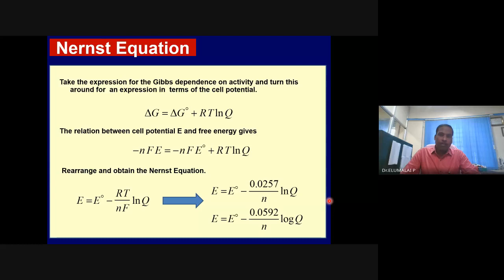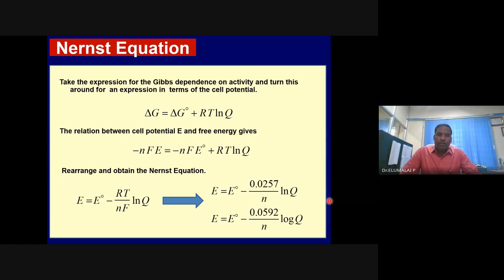One will act as an anode, another will act as a cathode. On the anode, oxidation should take place and on the cathode, reduction should take place, and they must develop a positive potential if it is going to be a galvanic cell or electrochemical cell. If not, it must be an electrolytic cell.